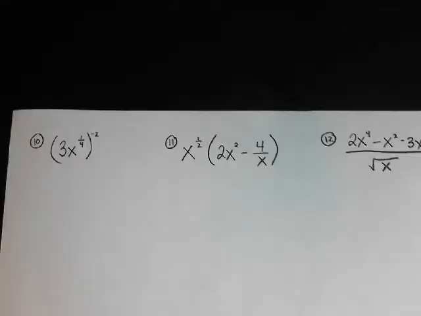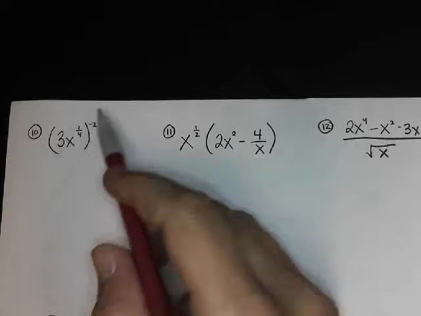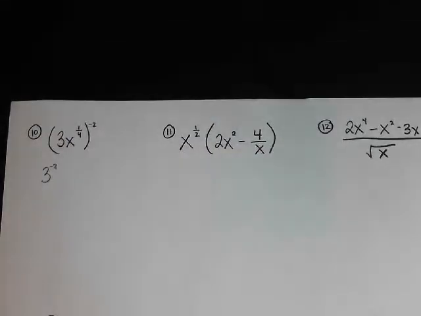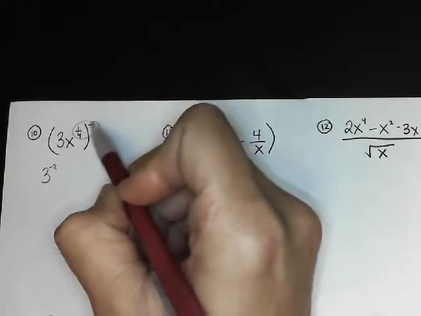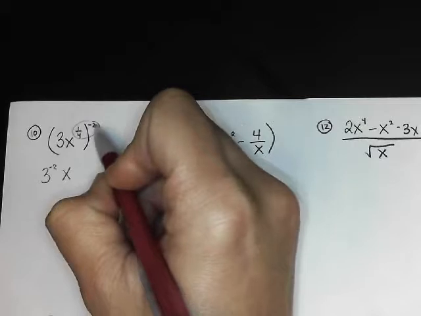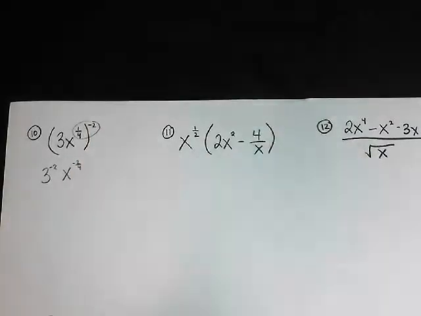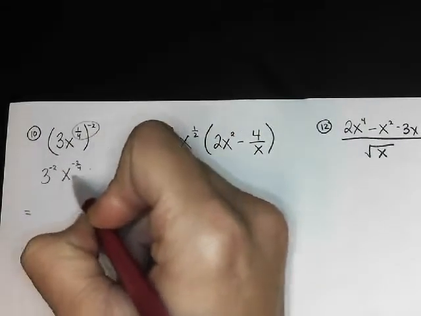Okay, on to the back. With parentheses, everything in parentheses needs to be raised to the power. So 3 to the negative 2nd, which we'll deal with that negative exponent in a minute. X to the 1/4 to the negative 2nd, power to power, we multiply. So 1/4 times negative 2 is negative 2/4. Okay, both of those being negative exponents, they both need to move to the denominator.